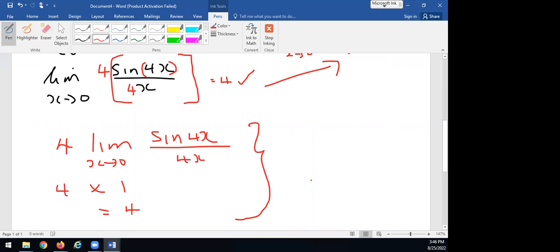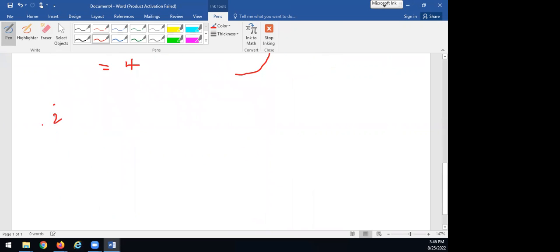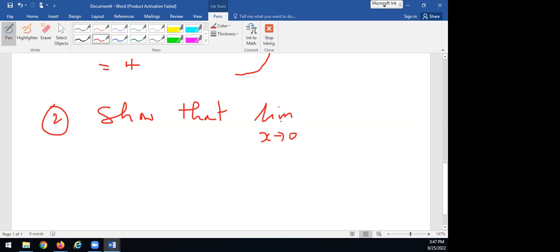All right, let's try one more. Number 2, show that the limit as x approaches 0 of sine 10x upon 2x is equal to 5. Let me get a nice problem for you guys.